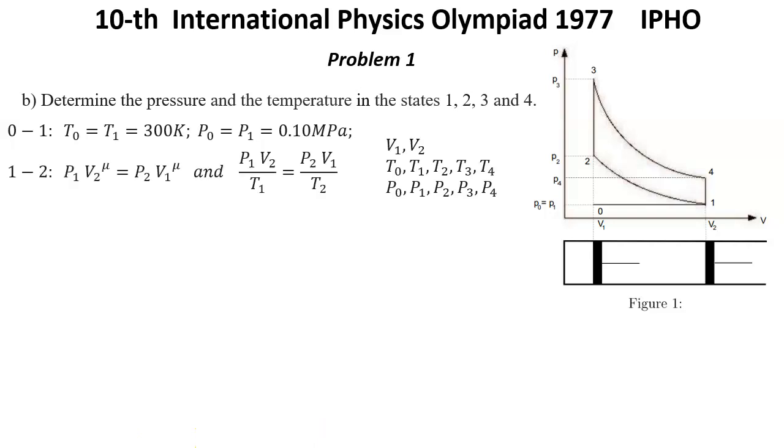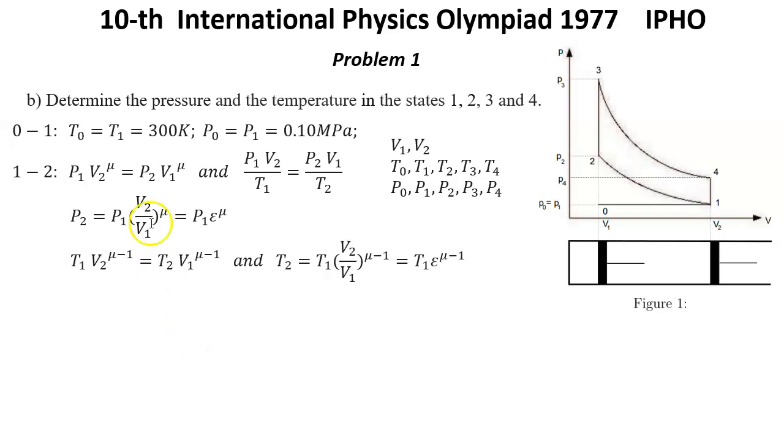Hence, we have P1 V2 power gamma equal P2 V1 power gamma, and P1 V2 over T1 equal P2 V1 over T2. From the first equation, one obtains P2 equal P1 multiplied by V2 over V1 power gamma, or P1 epsilon power gamma.